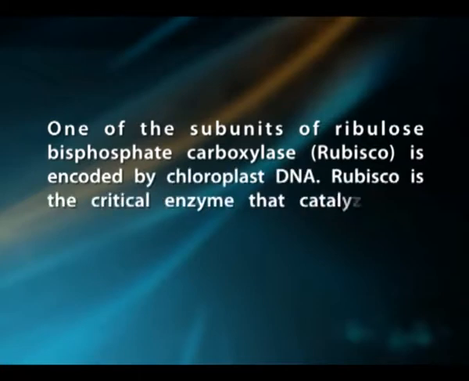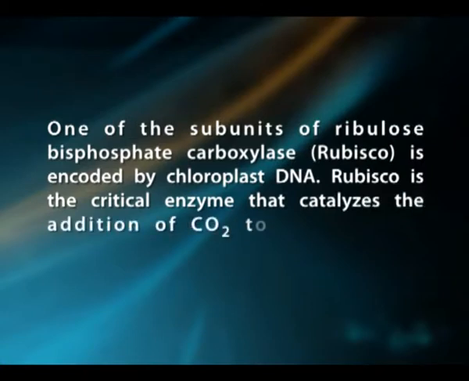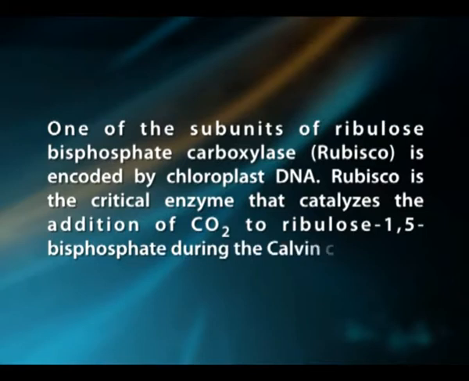Rubisco is a critical enzyme that catalyzes the addition of carbon dioxide to ribulose 1,5-bisphosphate during the Calvin cycle. Not only is it the major protein component of the chloroplast stroma, but it is also thought to be the single most abundant protein on earth. So, it is noteworthy that one of its subunits is encoded by the chloroplast genome.